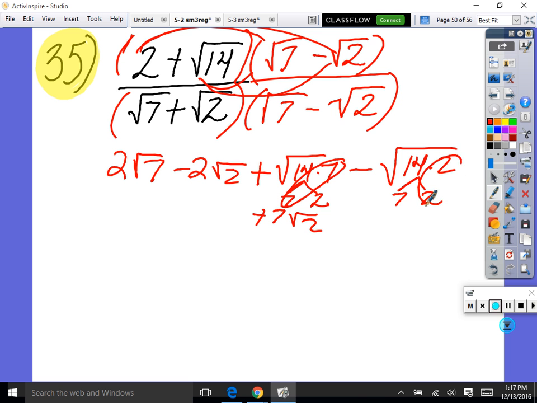So that'll be minus 2 square roots of 7. So you'll combine like terms. Were you guys getting there? So then, is that what you had on top? So 2 square roots of 7 minus 2 square roots of 7 is 0 square roots of 7, so just 0. Negative 2 square roots of 2 plus 7 square roots of 2 is 5 square roots of 2, correct?